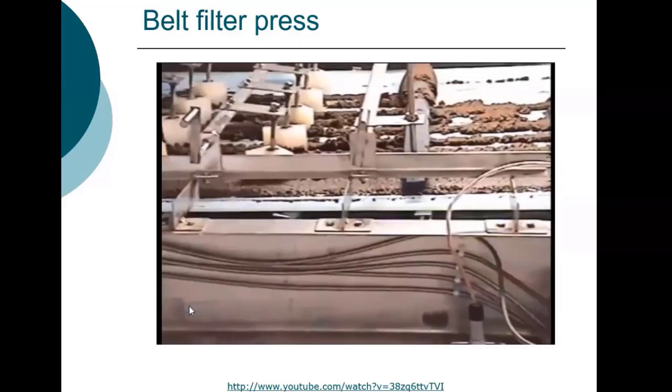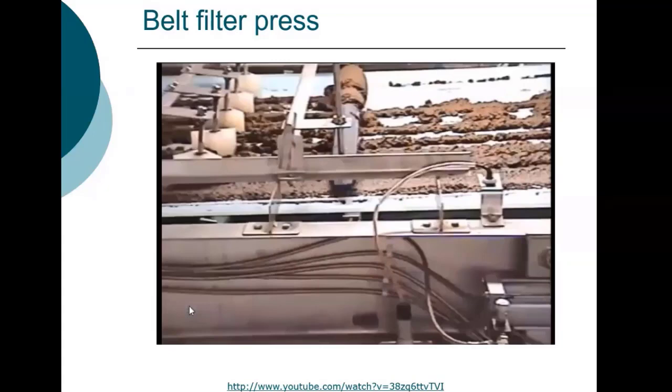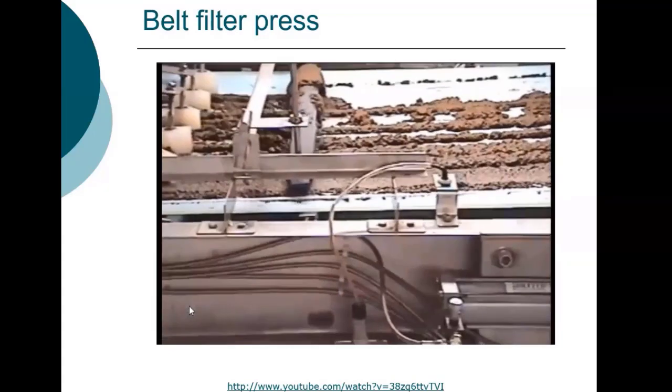And then you can see that thickened sludge. So it comes in, it flowed initially, and it's a much thicker sludge after processing.